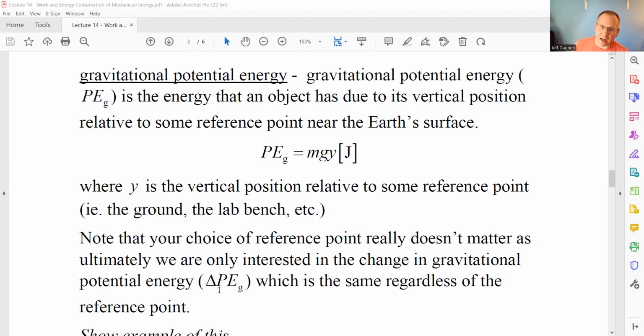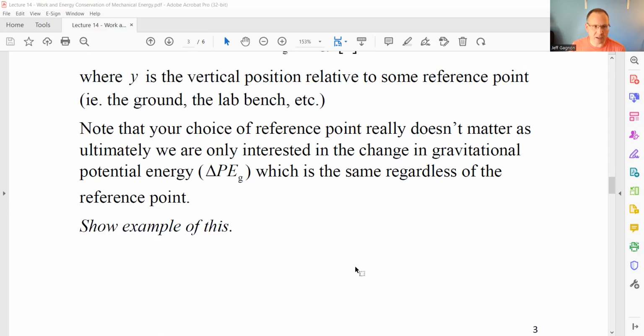The initial and final values of the potential energy are going to be different based on what you choose as a reference point, but the change in potential energy will be exactly the same. Okay, so let me start by showing you an example of this, and I'll jump back on the iPad, of why it doesn't matter what you choose as your reference point if you're only interested in the change in gravitational potential energy.